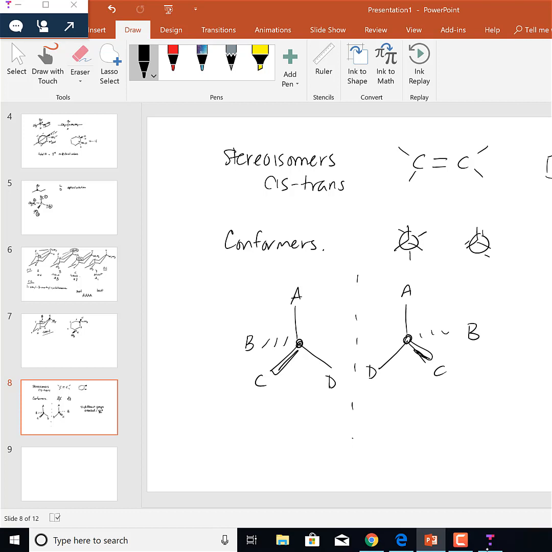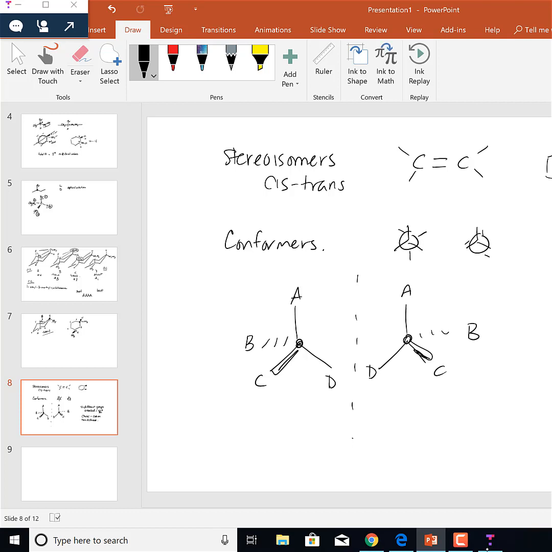When you have 4 different groups attached to a carbon, that makes it what we'll call a chiral carbon. And chiral means handedness. So this is the handedness of the carbons.